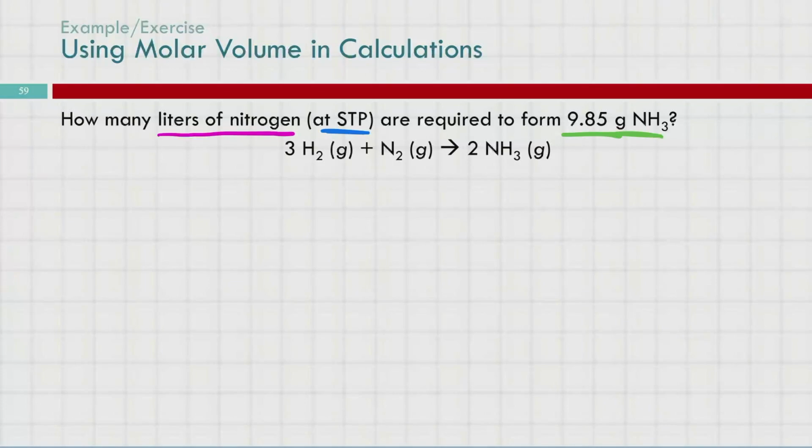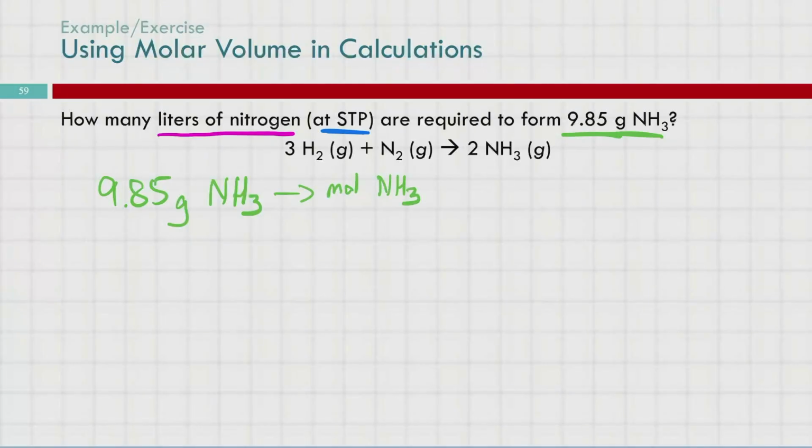All right, the starting point for this problem, as mentioned, are 9.85 grams of ammonia. What can we do with grams of ammonia? Turn it into moles, also of ammonia.